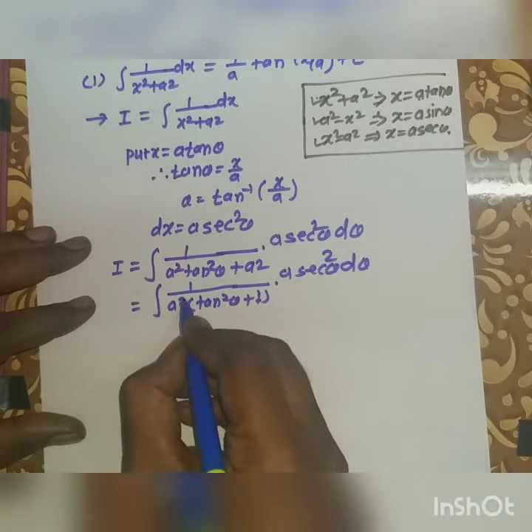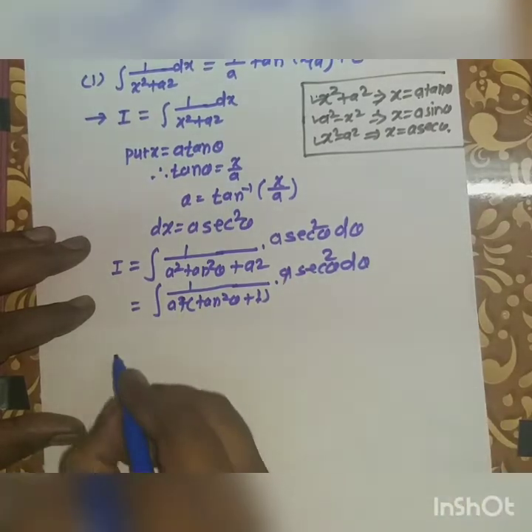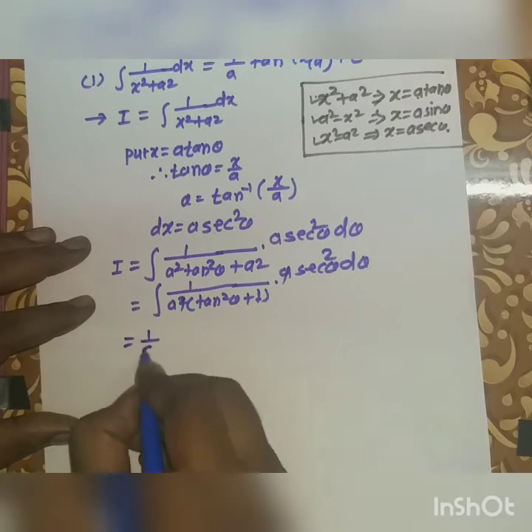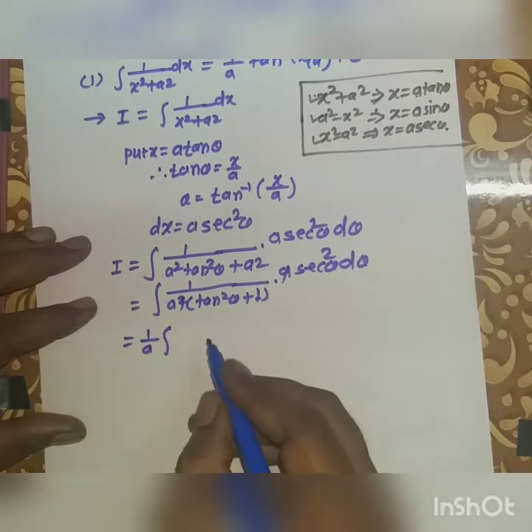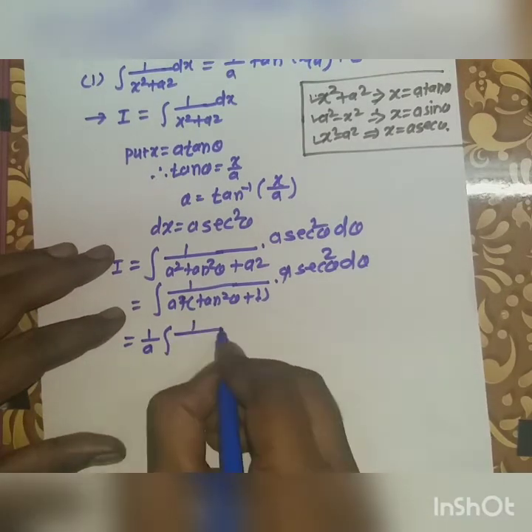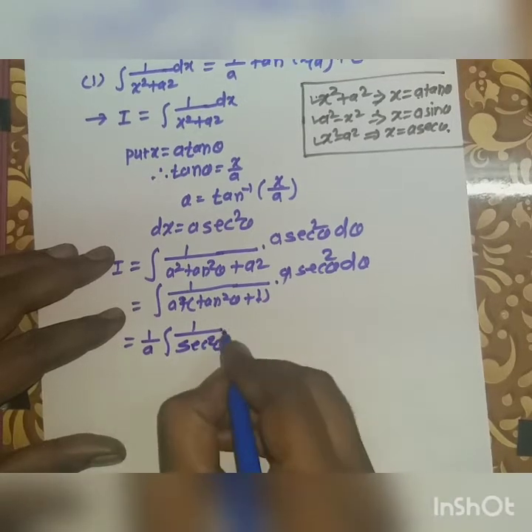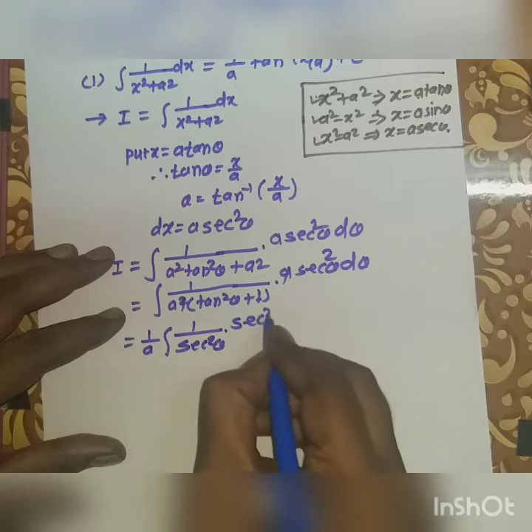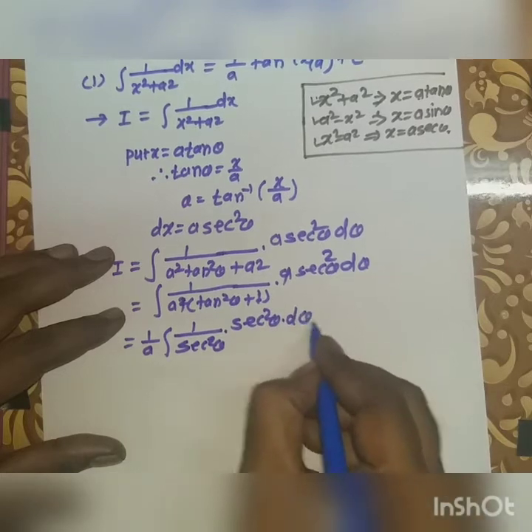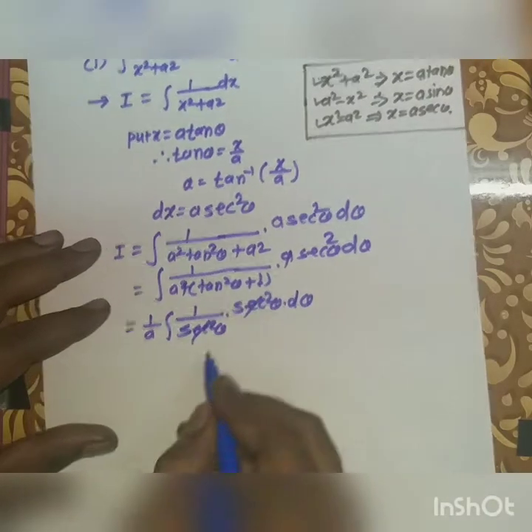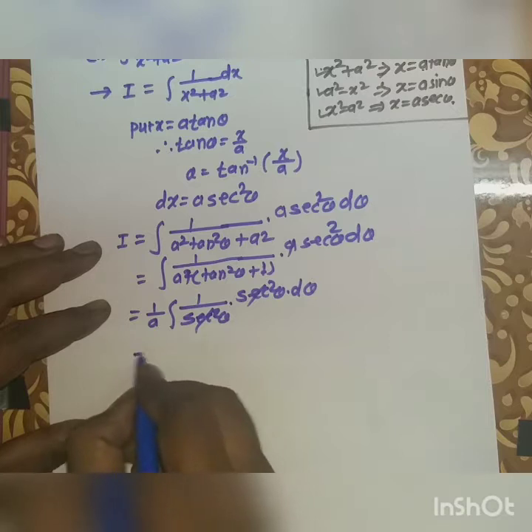Now out of these, a into a is a square, 1 a, and this a cancels. 1 divided by a is constant, take it outside the integration. 1 divided by 1 plus tan square theta is sec square theta, into sec square theta d theta. Again this sec square theta and sec square theta cancel.